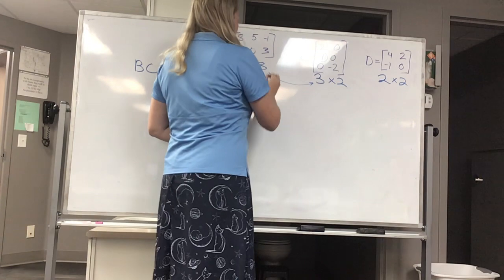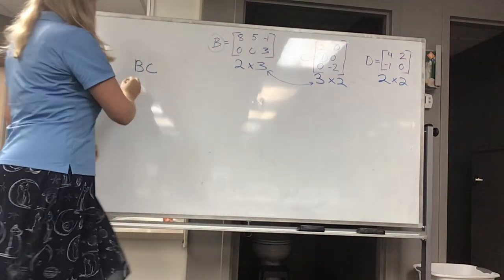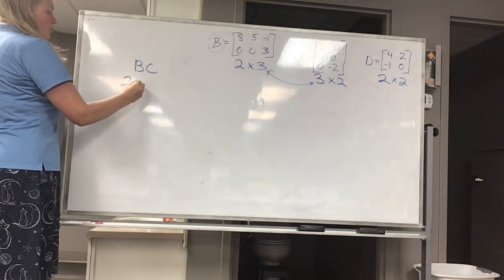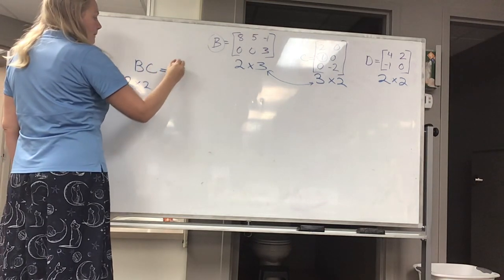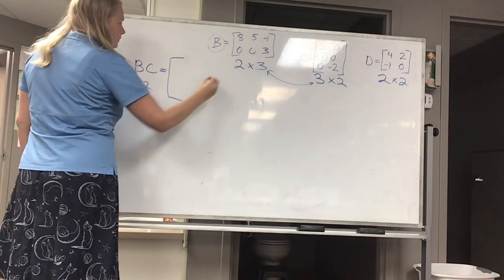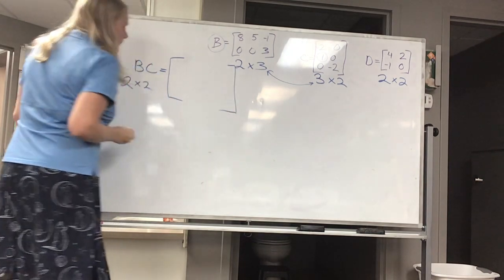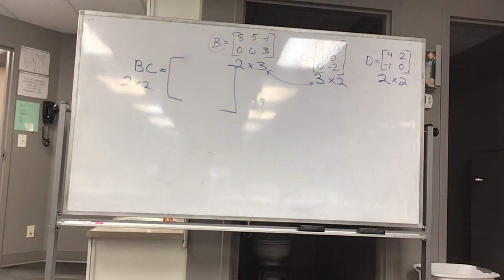These two are the middle. Our answer is going to be 2 by 2. Again, the rows and columns have a great influence.